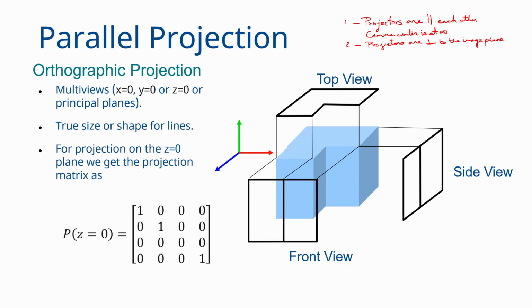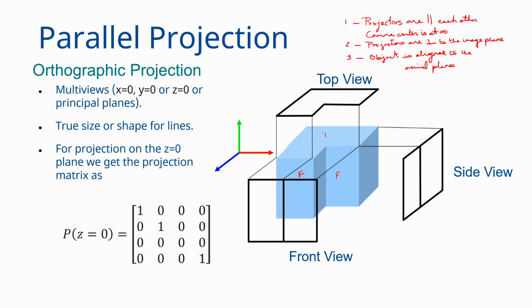Okay, and the third point is that the object is aligned to the axial planes. So what does that mean? It means that the front face of the object, so for example, this is the front face of the object, this and that, these are parallel to the XY plane.